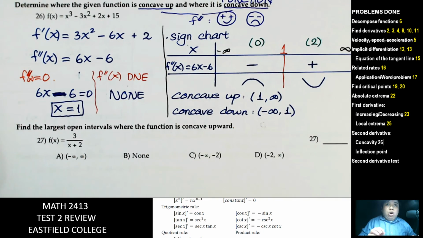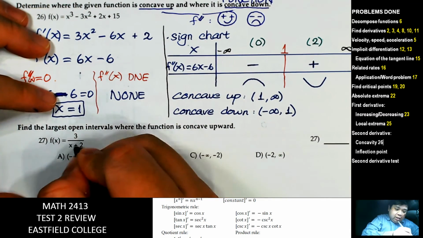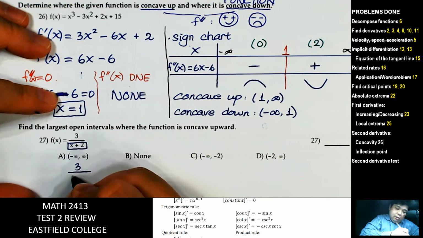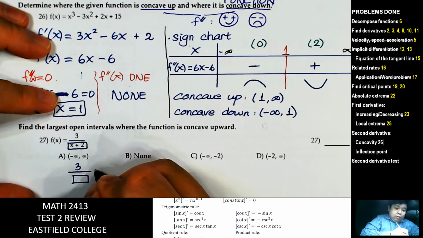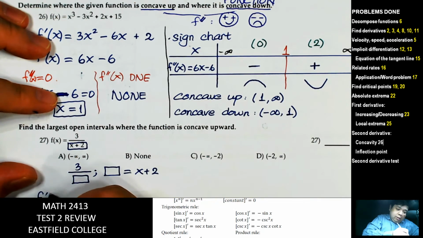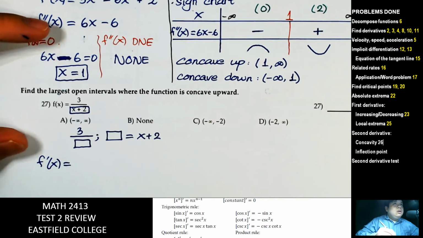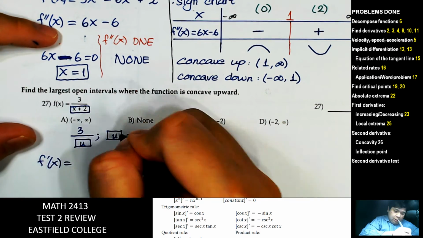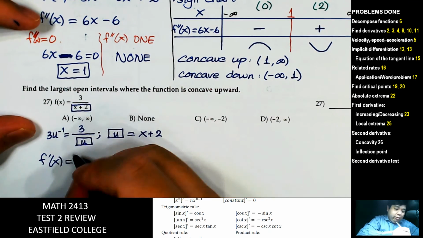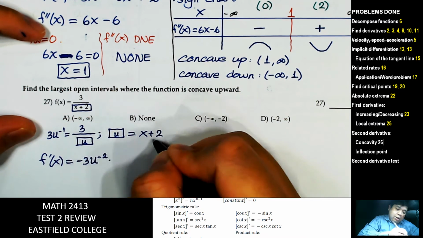Number 27, I will not do it completely, but I will just write the derivative. So the function is this. So people put a box. So the derivative equals 3u to the negative 1, so the derivative is negative 3u to the negative 2, times the derivative of this.